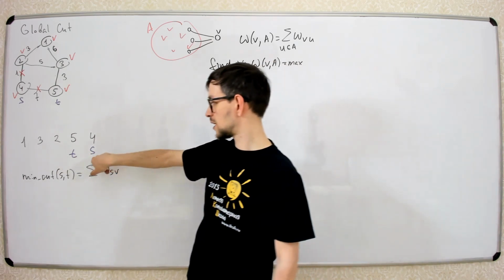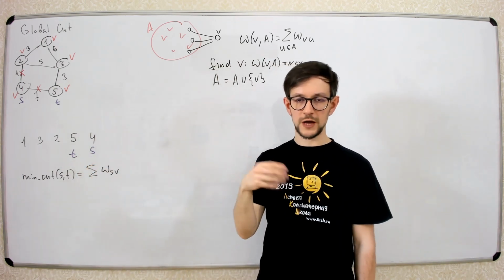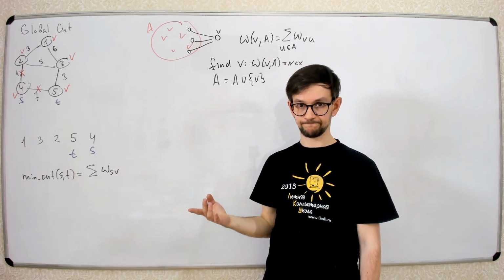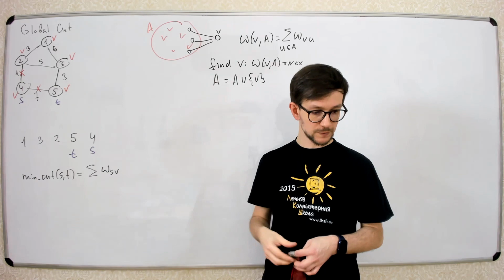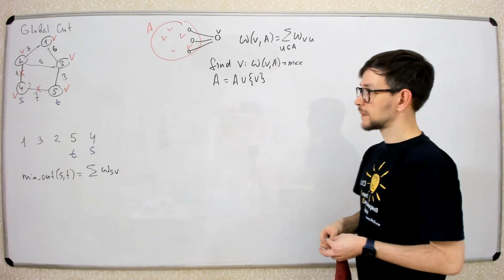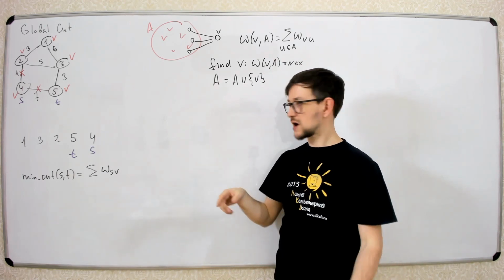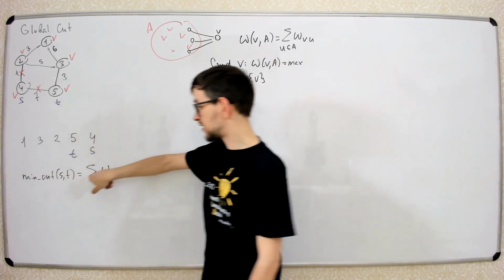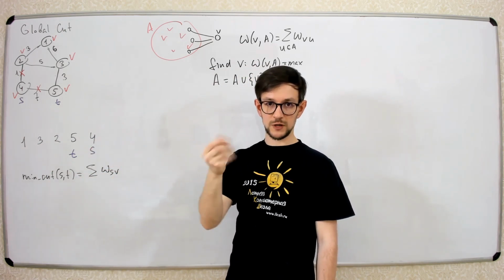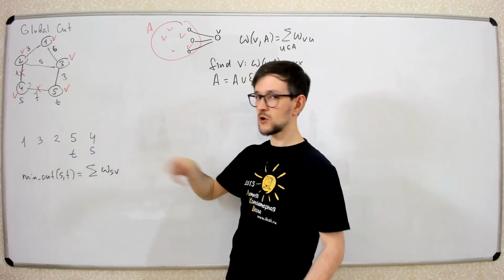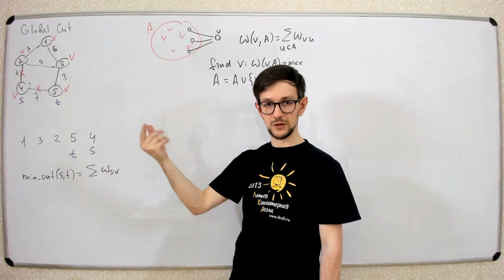To calculate the minimal cut between S and T, these two last nodes, you just need to cut all the edges connected to S. That's not the minimal global cut. It's just the minimal cut between these two nodes. And after this, I will apply the same loop like before. So I can take this minimal cut between S and T, update my result, and then merge them and continue. So I do it, merge them, do it again, merge, and so on until I have a single node.